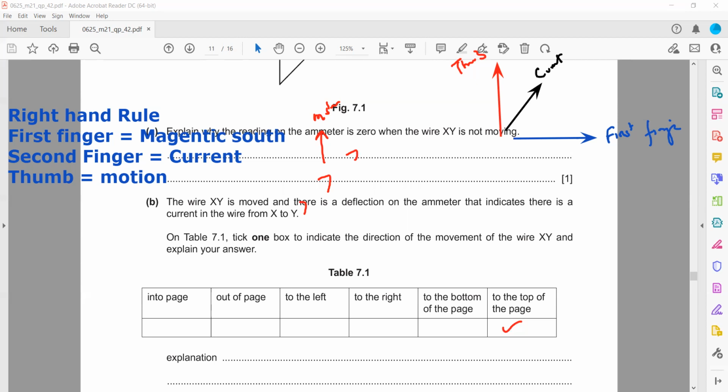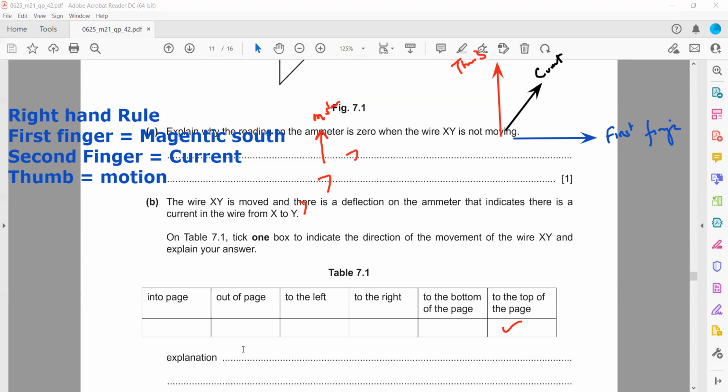So when we move the wire upward, there's a change in the magnetic field, and why is the direction upward for the motion? Because the magnetic field is from north to south, pointing towards the south.